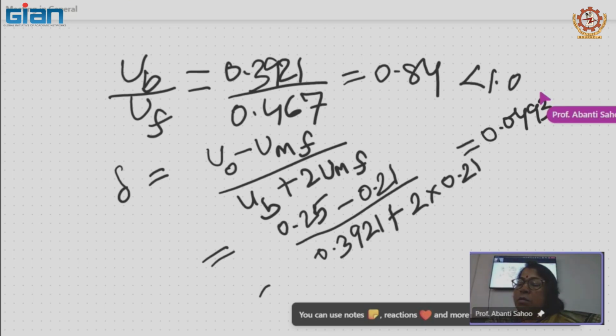Now the reaction rate, for the plug flow reactor, considering that. 1 minus XA we can calculate.